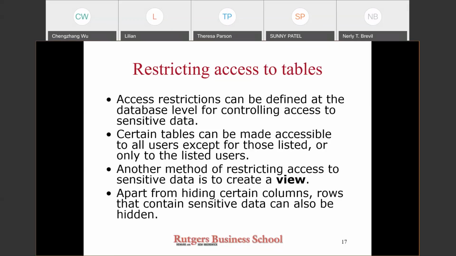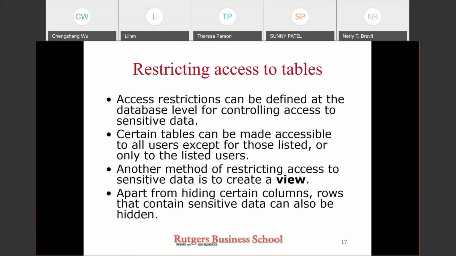Another method of restricting access to sensitive data is to create a view. A view is a virtual table. A view appears to the users as a table, but it's actually a version of an existing table with some of the table's data hidden from view.